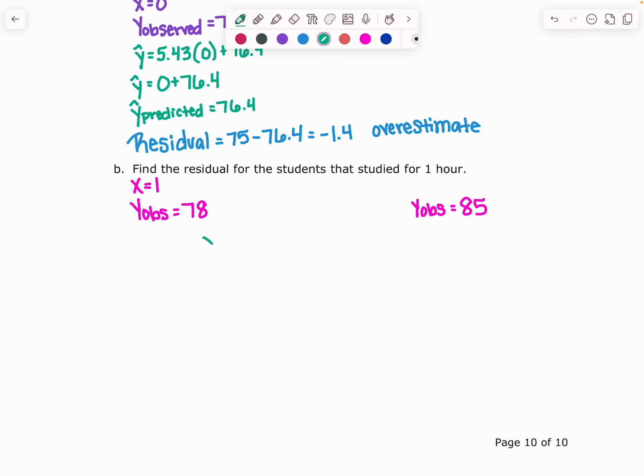I'm going to use my equation. 5.43, plug in the x value, which is 1, plus 76.4. 5.43 times 1 is 5.43.